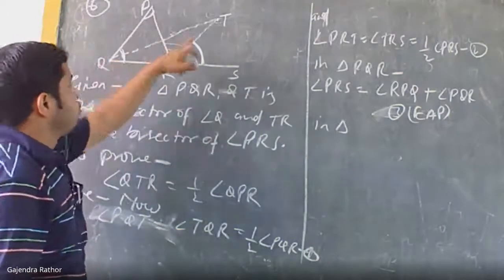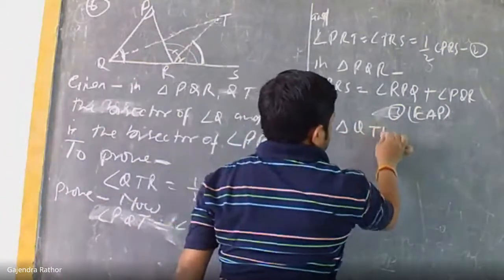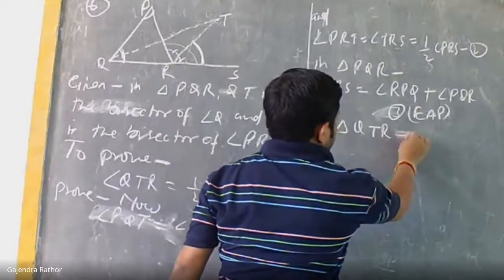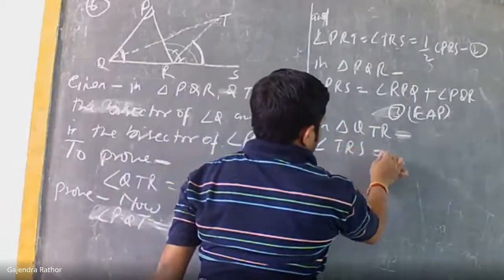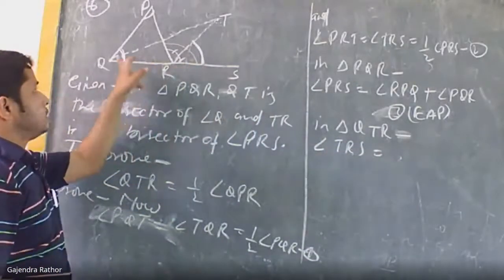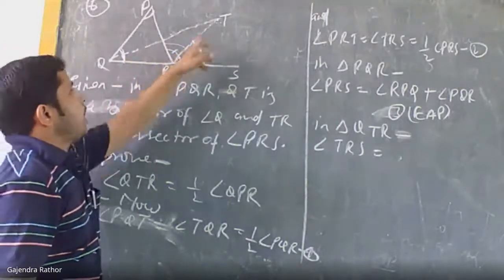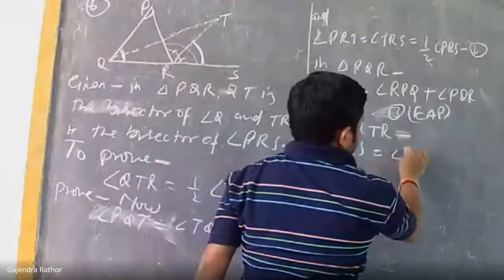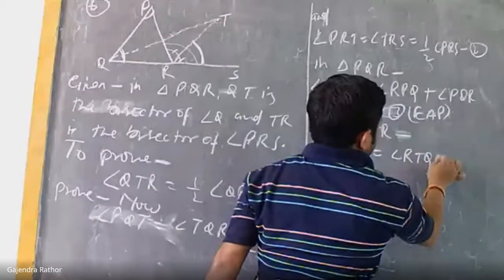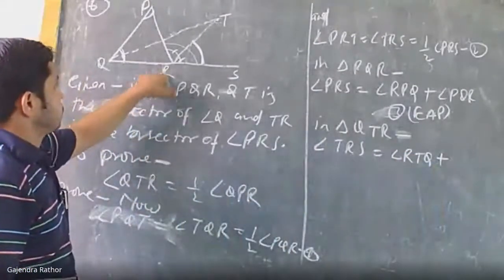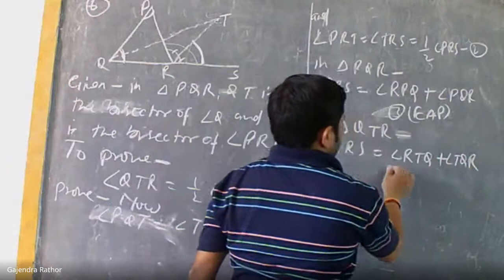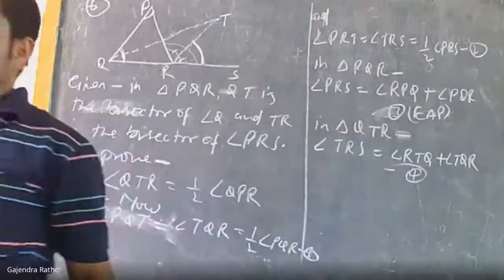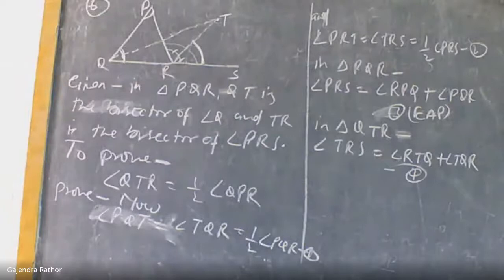So in triangle QTR, the exterior angle TRS is equal to the two interior angles, first RTQ plus second TQR. Question number 4. Correct answer, Vinay.